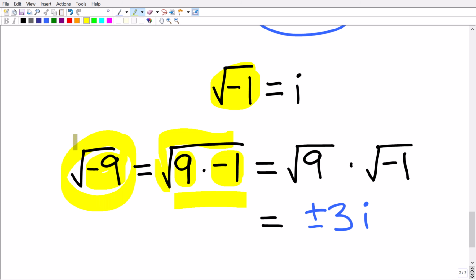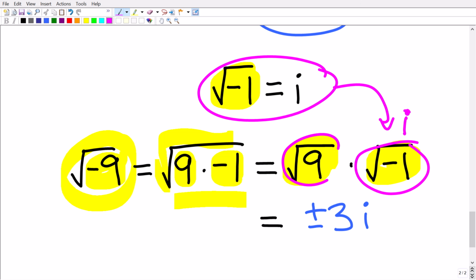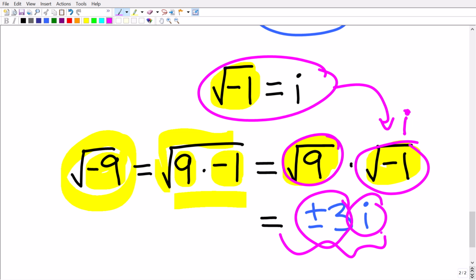So we can write the square root of negative 9 this way, and then break apart this big square root in terms of its factors. The square root of 9 times negative 1 is equal to the square root of 9 times the square root of negative 1. And again, by definition, i is equal to the square root of negative 1, so this is really an i, and the square root of 9 is both positive and negative 3. So this is positive and negative 3i, which of course is our answer.